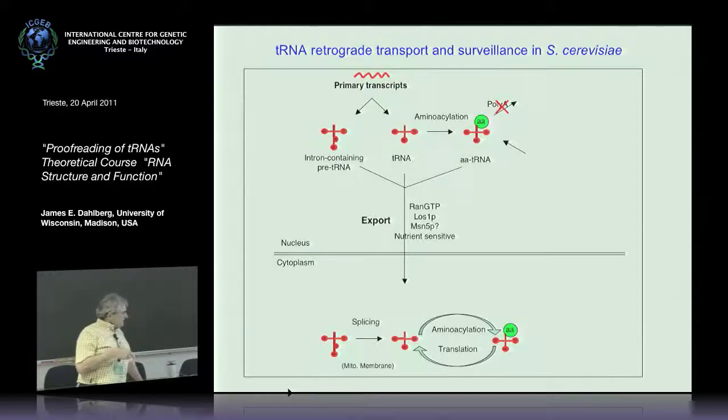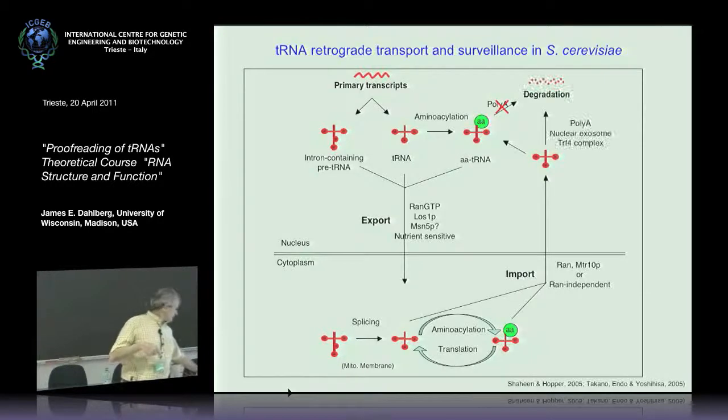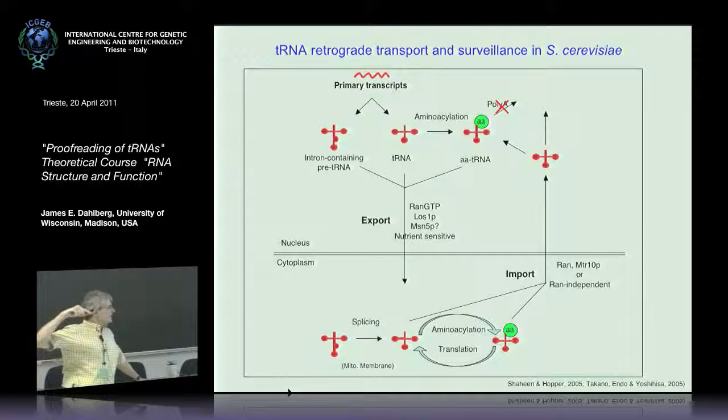Well, it turns out also that these two groups who were studying the cytoplasmic splicing also independently discovered that these tRNAs that are in the cytoplasm don't just remain in the cytoplasm, but amazingly, they go back into the nucleus. And there's an RNA import system that brings tRNAs from the cytoplasm into the nucleus.